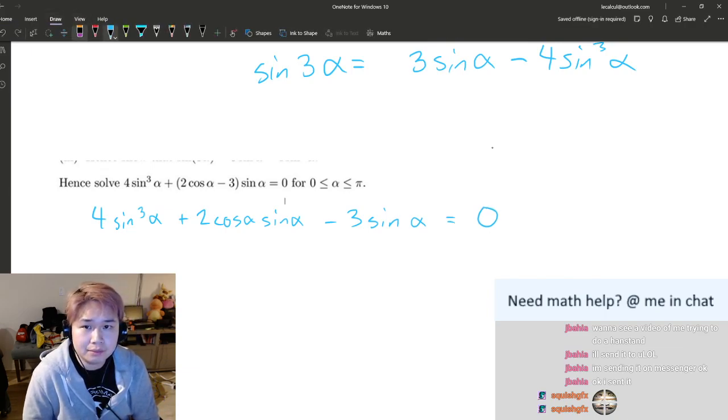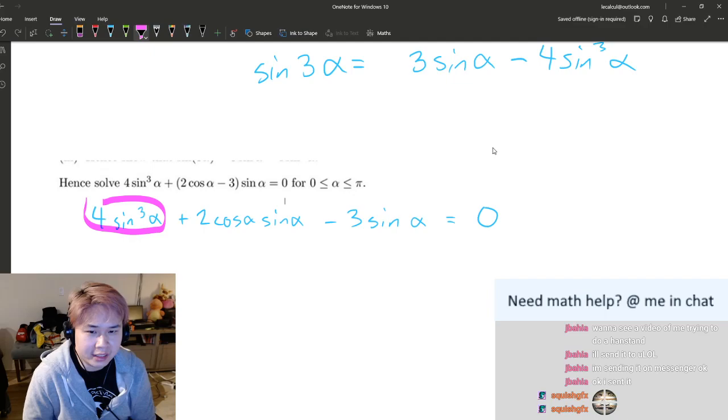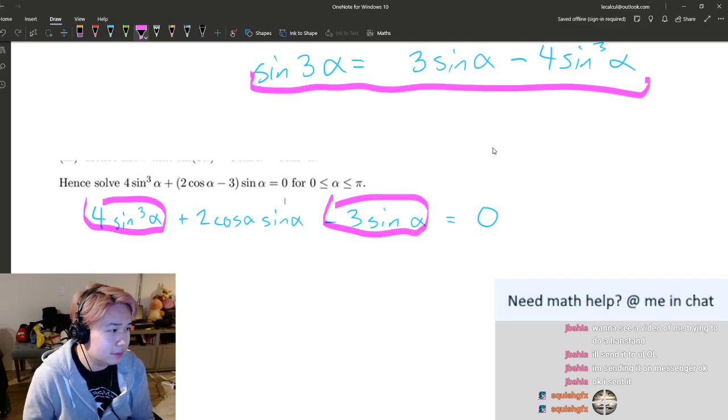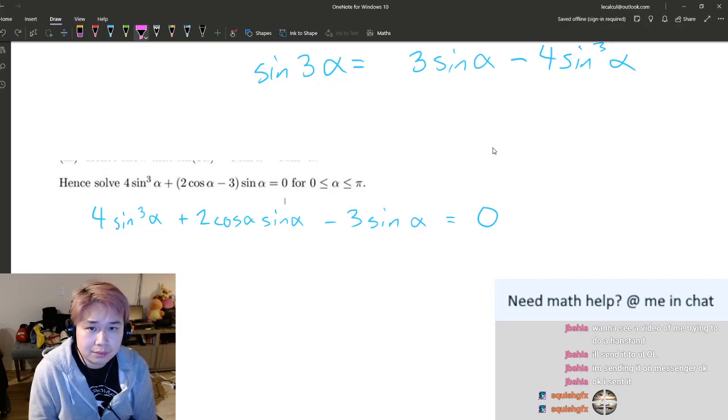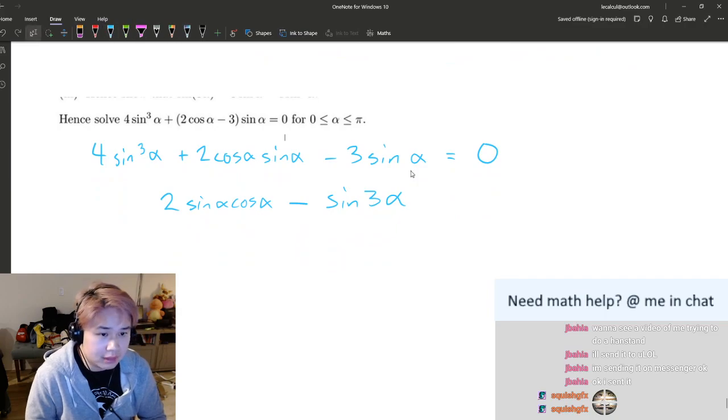Okay. So I know that I basically have the negative version of this identity right here that I just found out. So then this is going to become 2 sine alpha cosine alpha minus sine 3 alpha equals 0.